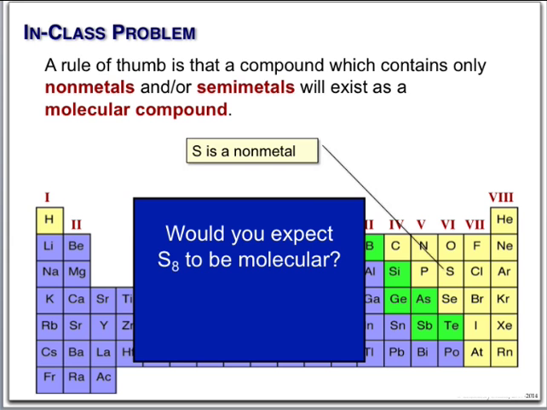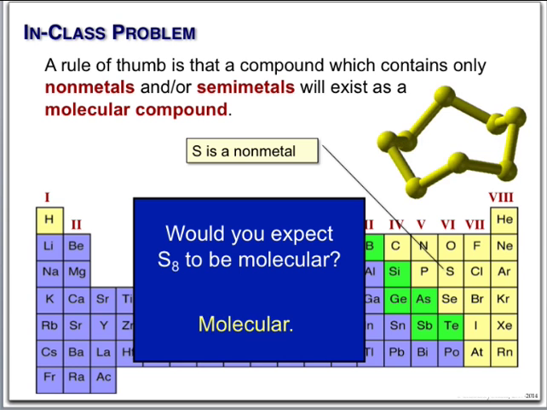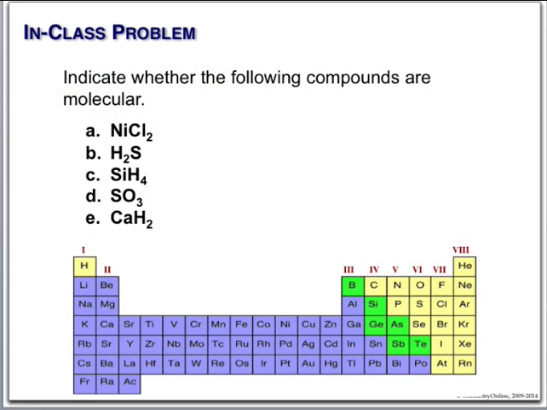It's a nonmetal. So the bonds in all of S8 are molecular. It's actually an interesting little cute compound. Looks like a crown of some sort, but molecular compound. All right, go ahead and look at a list. I'll hush for a minute and just decide if these are molecular or ionic.